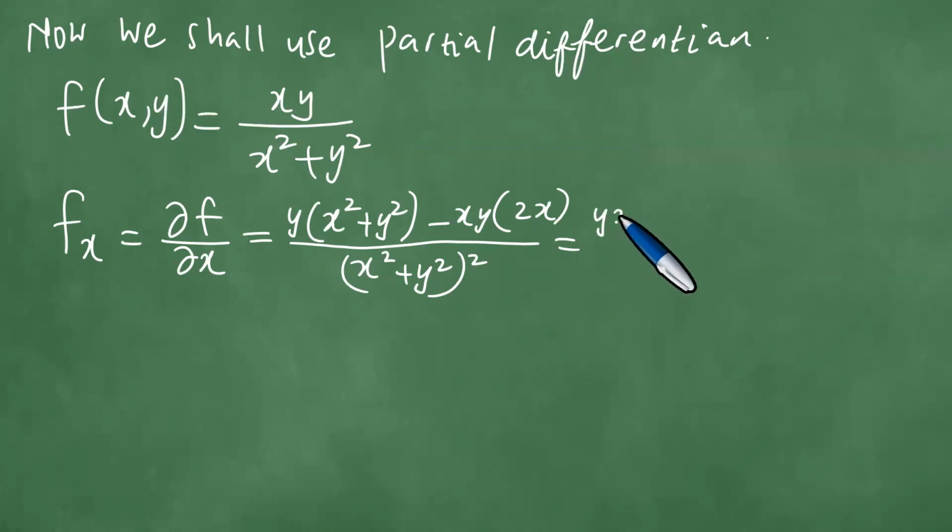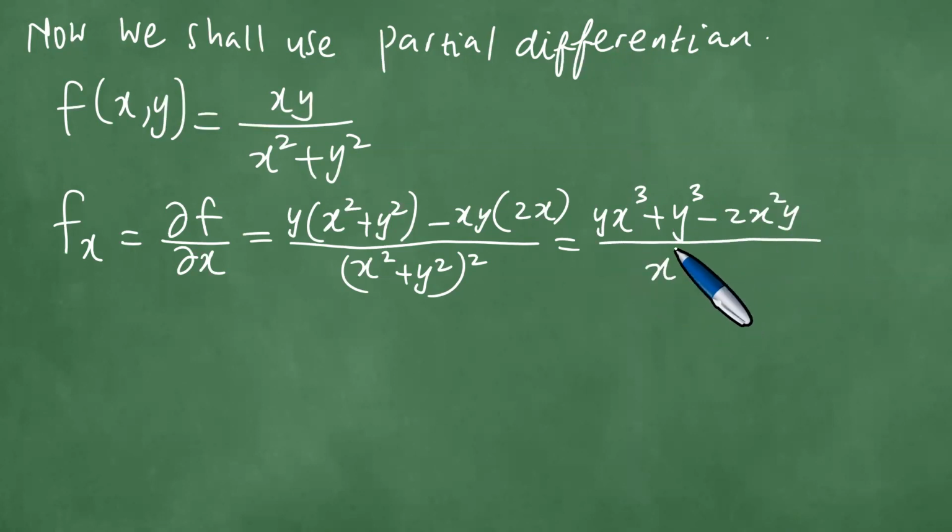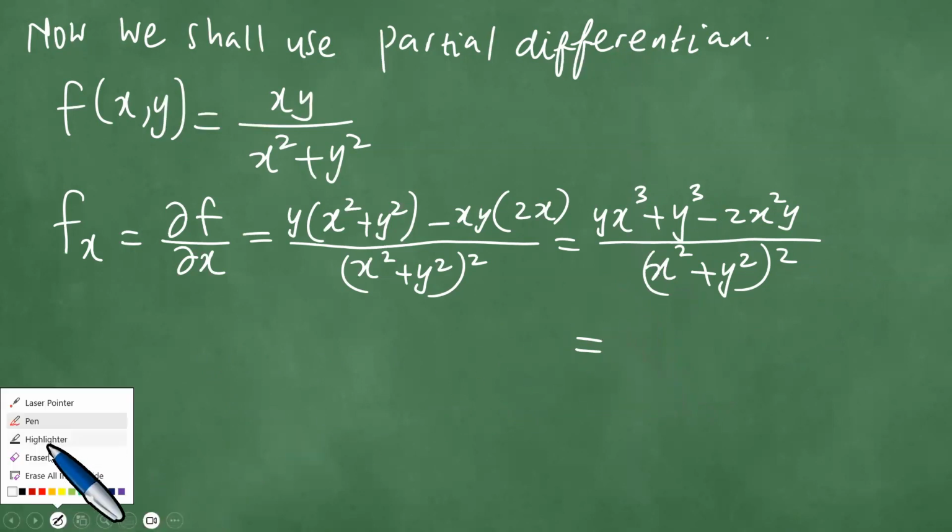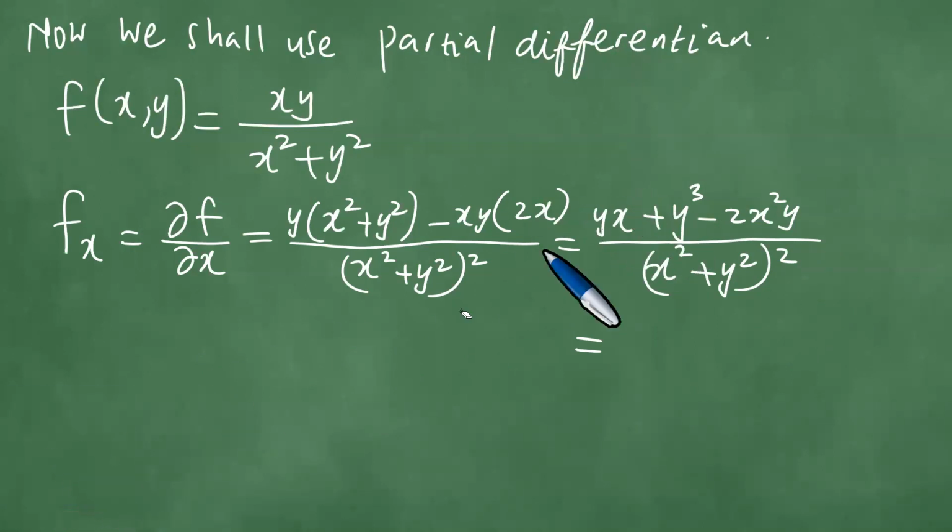Which is y times (x squared plus y squared) minus xy times 2x, and you divide by the square of the denominator, like this. What is all this here? Just watch out, this one here is a square.